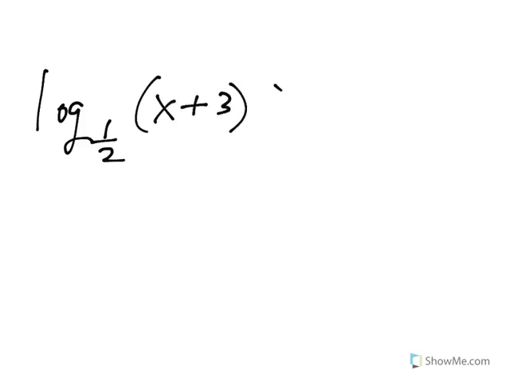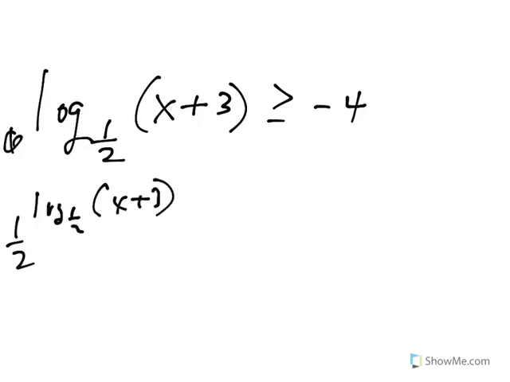Okay, the final question of this video is a log inequality where the base is between 0 and 1. I'll write this as a separate thing, 1/2 raised to the log base 1/2 of x plus 3. The direction of the sign has to change when I'm raising both sides, or raising 1/2, which is between 0 and 1, to both sides.